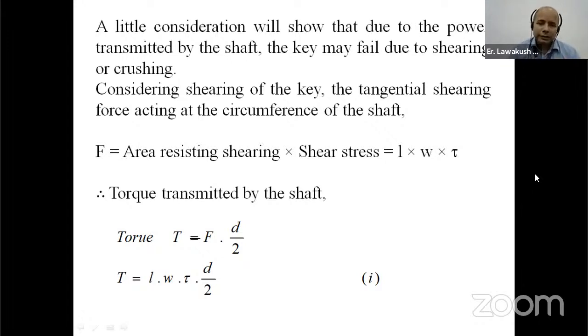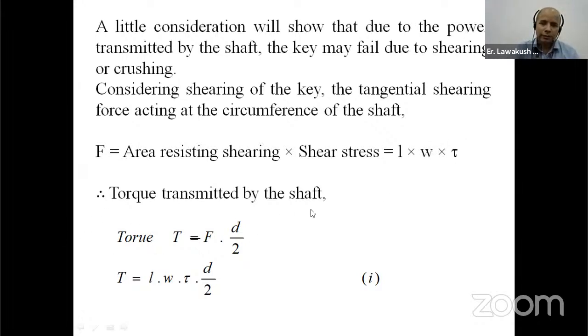Considering shearing of the key, the tangential shearing force acting at the circumference of the shaft, denoted by capital F, equals area resisting shearing into shear stress. This will finally be equal to l into w into tau. This l into w is the area resisting shearing, and tau is the shearing stress.